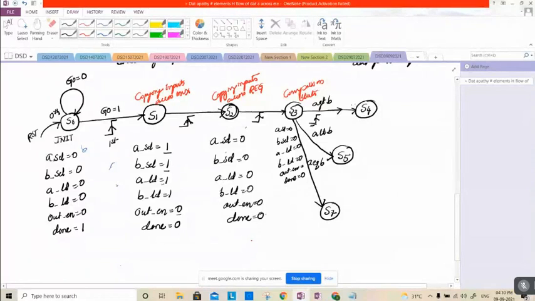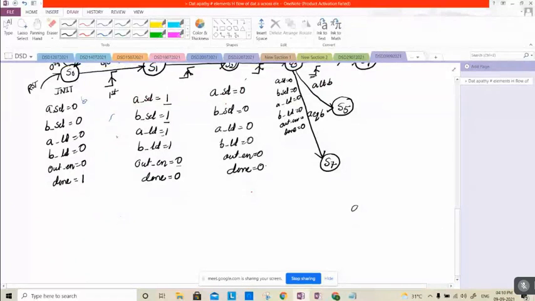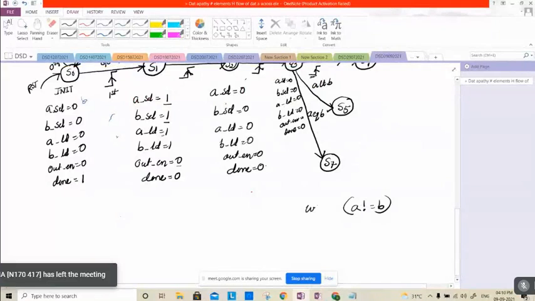Now what is supposed to happen in S4? The algorithm says that whenever A is not equal to B, while A is not equal to B, enter the if-else loop.